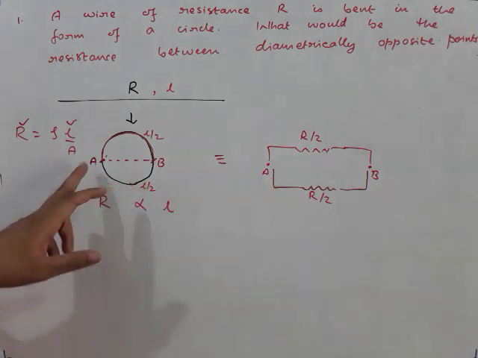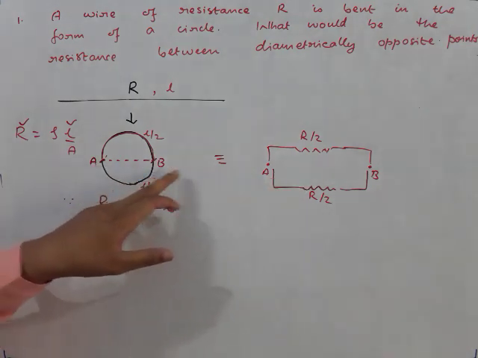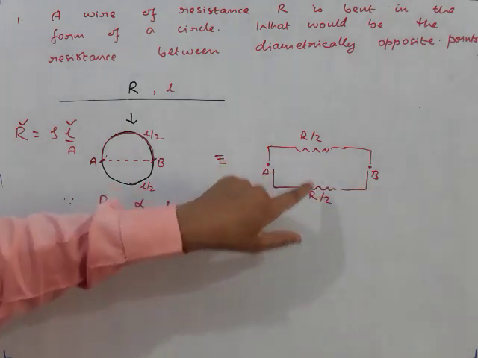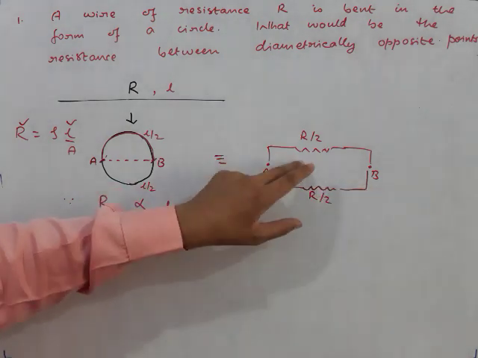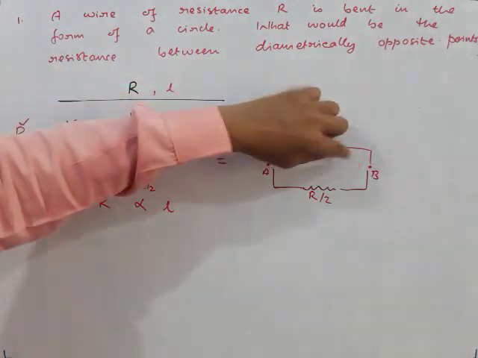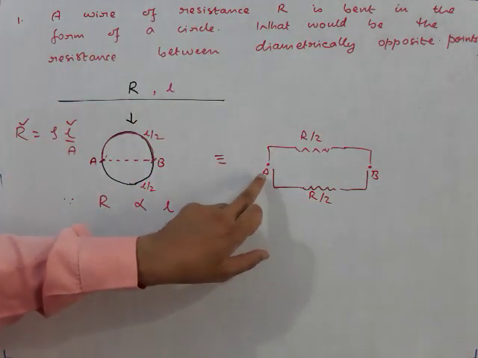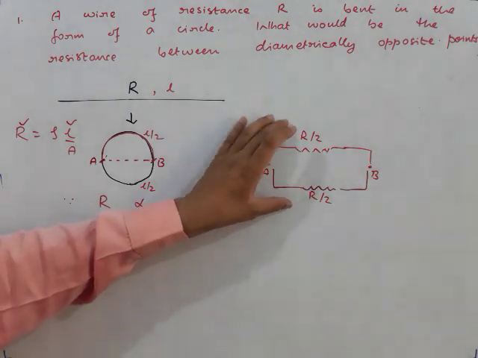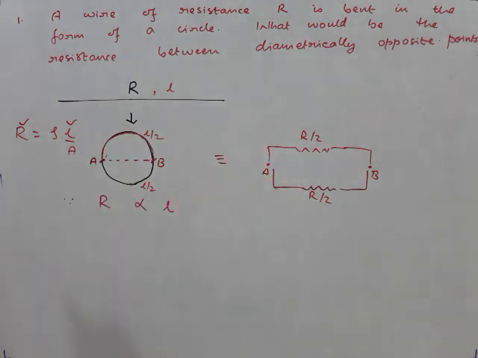Now tell me, you have to find the equivalent resistance between points A and B. So these two resistances are connected in series or in parallel? See, this is connected between the same points A and B. This is also connected between the same points A and B. So they are clearly connected in parallel.